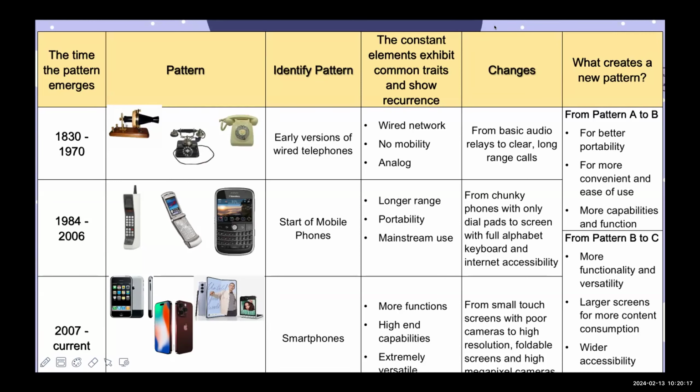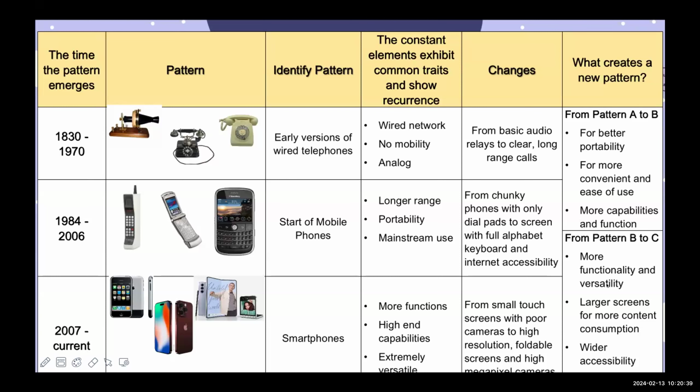With a touchscreen, we can not only do text-based things, we can also do interactive things like swiping or touch, or basically anything that our imagination can imagine. So we wanted more functionality and also more versatility.